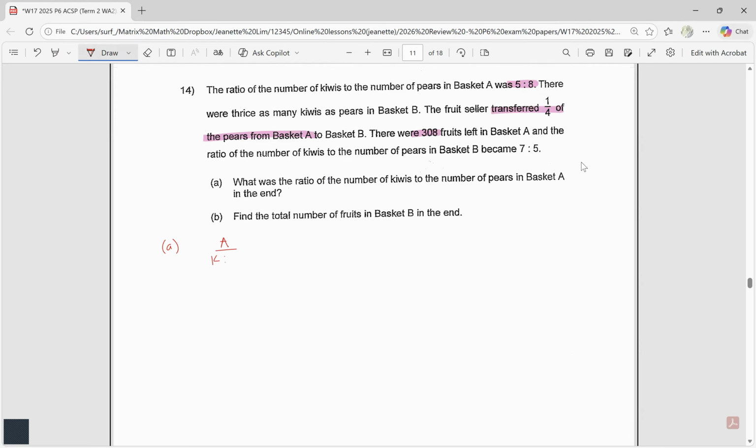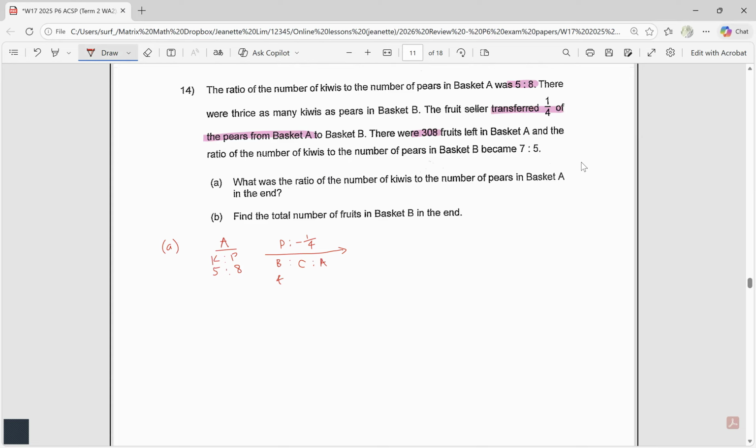A to P, 5 to 8. There is a change in the number of pears from A. Okay, so your pears minus 1/4. But because 1/4 is a proportion transfer, like 1/4 is a proportion of something, right? So we draw right now a BCA.